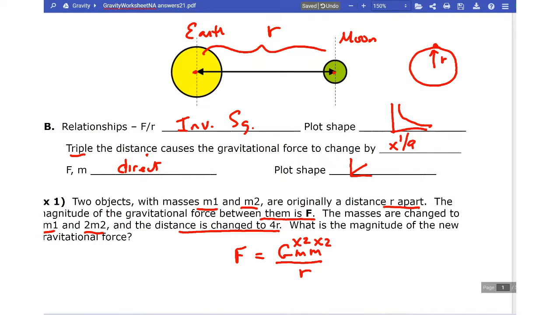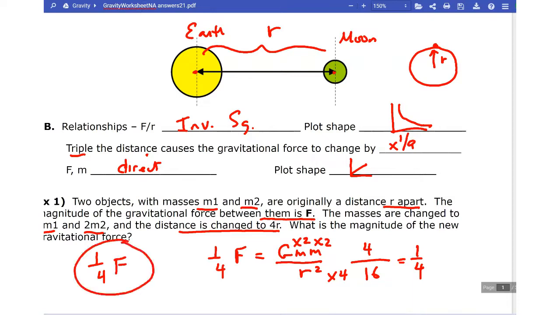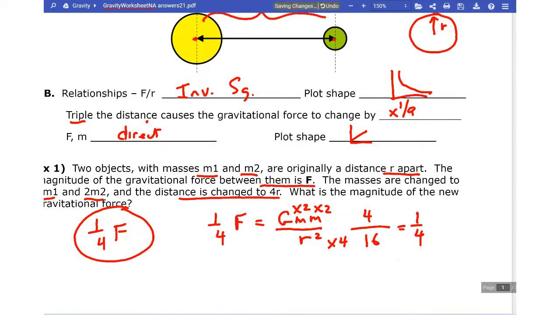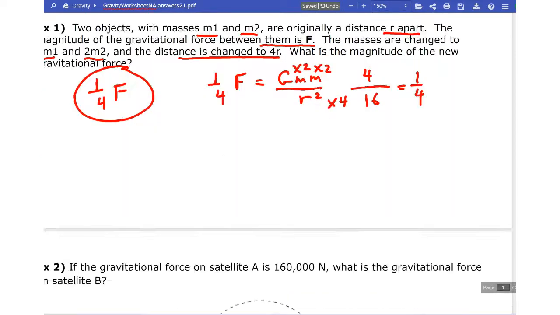These are doubled. This is squared, by the way. I have a tendency to leave out the square. So this is quadruple. That's 16 on the bottom, because 4 squared is 16. 2 times 2 is 4. That's 1/4 on the right and 1/4 on the left. So the answer is that the force with these changes will be 1/4 of the original F, or 1/4 F.